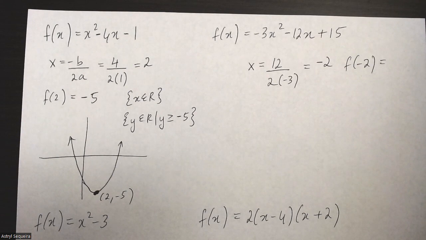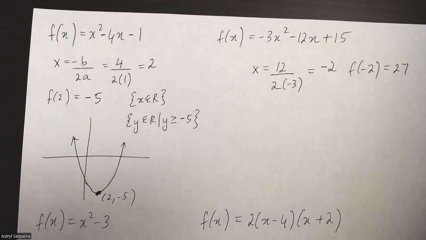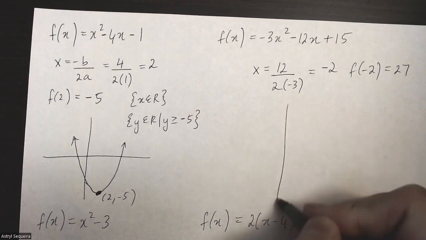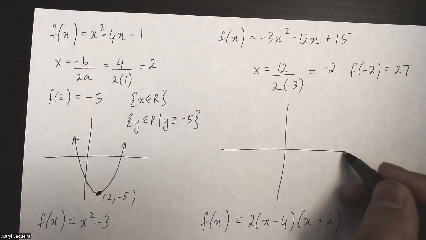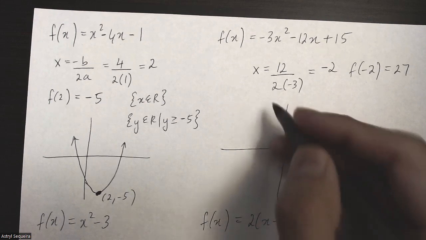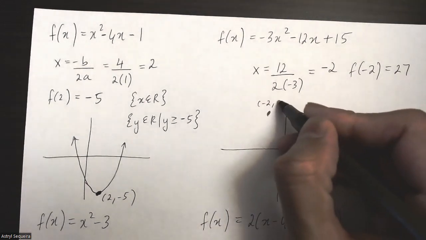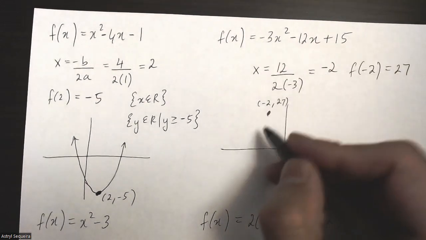So -3 times -2 squared minus 12 times -2 plus 15 is just 27. And then if I sketch this out, -2 and +27 is up here, and the graph opens down because it's a negative a value.